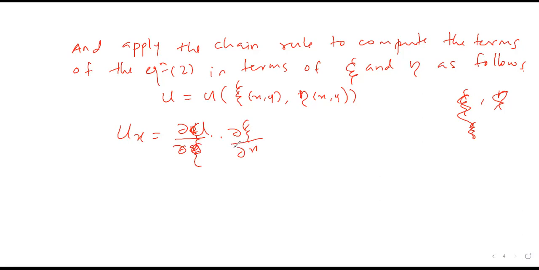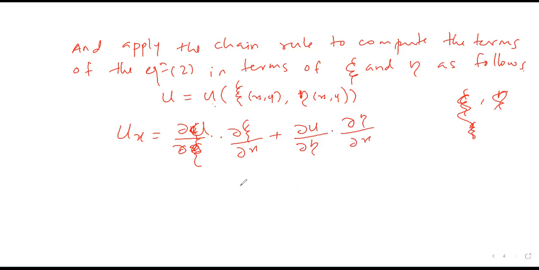Actually u is dependent on zeta and eta, so you have to carefully consider that one. So this will be plus daba u over daba eta times daba eta over daba x.